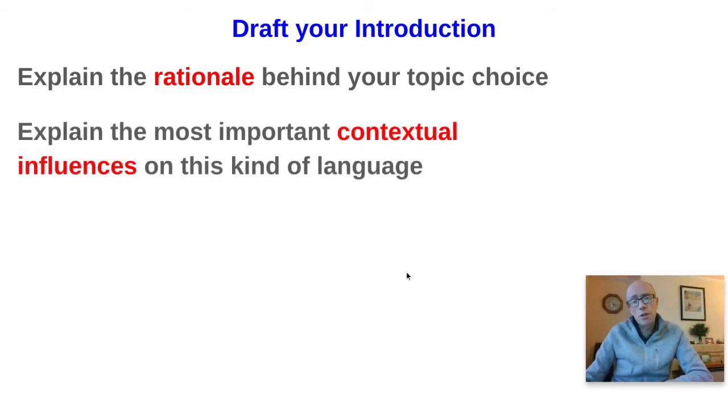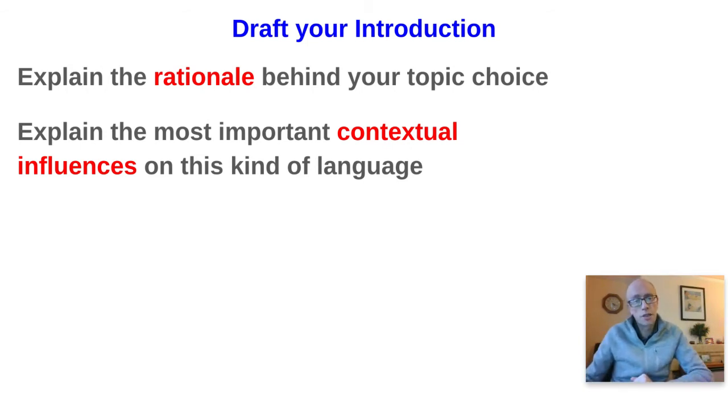You then need to be drawing attention to some of the most important contextual influences on the language. So you might be using the words mode or genre or audiences or purposes, or it may well be that you're drawing attention to something of the wider social or historical context behind your data.